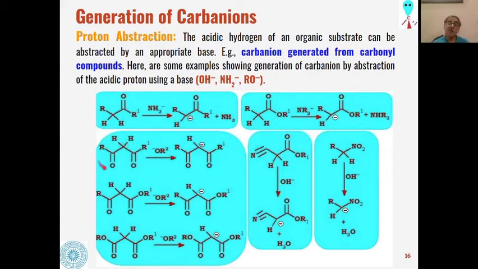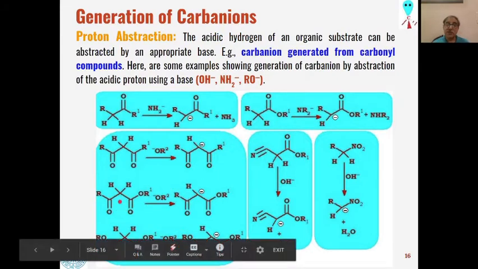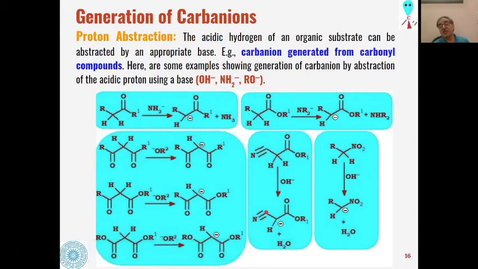Similarly, 1,3-diketones, because of the presence of these two ketones, these protons become acidic, and alkoxide ions can easily remove any of these protons, and carbanions can be generated. Then ketoesters, again these protons are acidic, they can be removed by alkoxide ions, and we can easily get carbanions as the product.